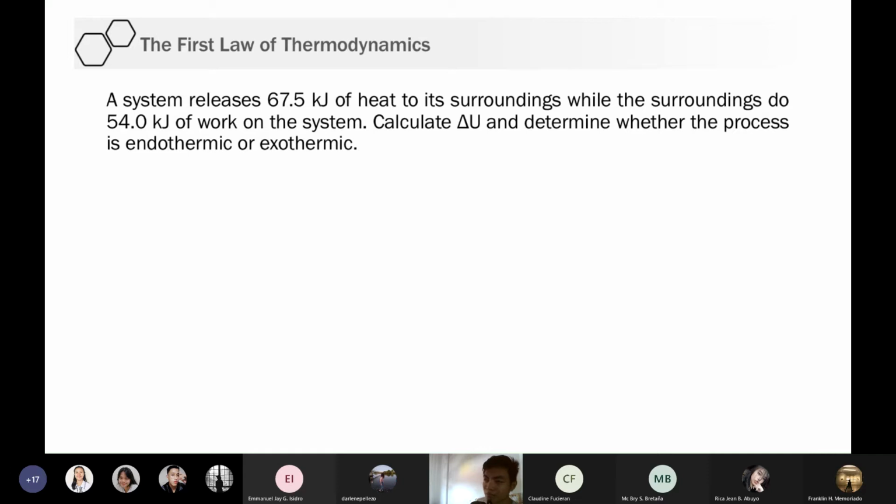Okay. Basahin natin yung sentence na maigi. Releases to the surroundings. Ibig sabihin yan that heat is negative. Yung heat ay negative. Okay? Kasi nag-release siya to the surroundings. Isipin mo, nagbigay siya ng ganyang energy sa paligid niya.